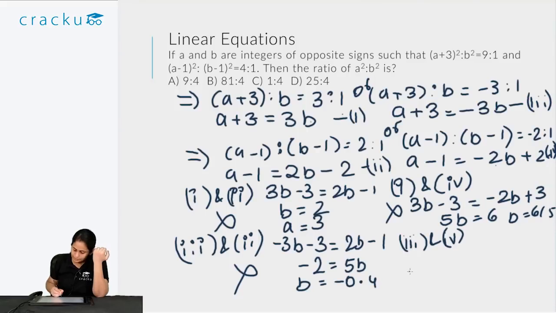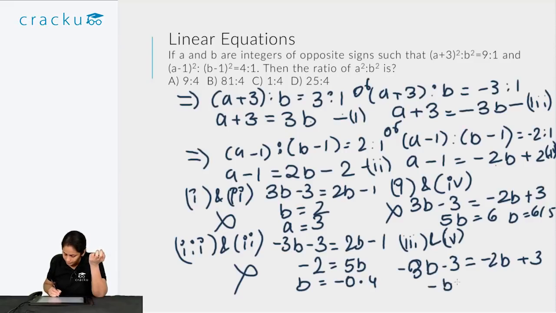So 3 and 4 means that a is equal to 3b minus 3 is equal to minus 2b plus 3. So on solving I get minus b is equal to 6, so b is equal to minus 6, and if I put the value of that in 3, I get minus 18 minus 3, so a is equal to 18 minus 3, so a is equal to 15.